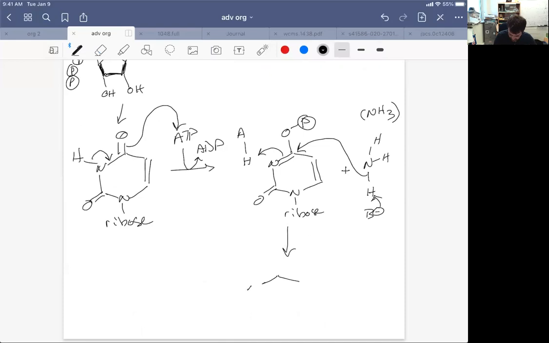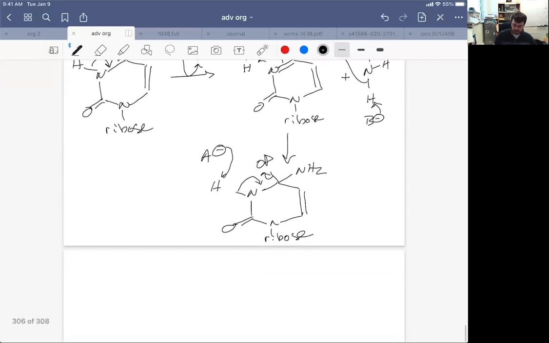single bonds already. Okay, we're going to add here to make an NH2 bond, and then we have an OP. Then we can lose the hydrogen to kick off the OP.